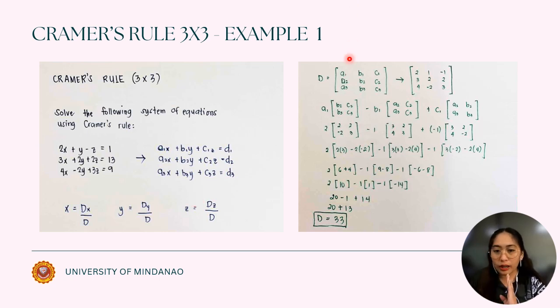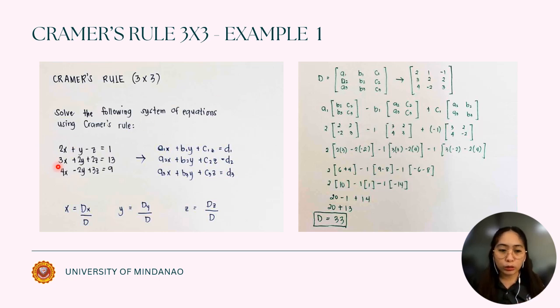So D here is just our coefficient matrix. So A sub 1, A sub 2, A sub 3, the B part, and the C part. So where do we get the numbers so that we can solve? Based on the equations provided, we will get their coefficients, since this is the coefficient matrix.